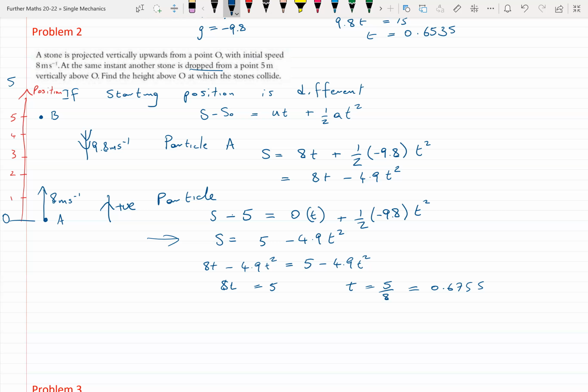The height will just be whatever the value of S is, and it should be the same in either case. So the height is equal to 5 minus 4.9 times 0.675 squared, and I think that comes to 3.09.